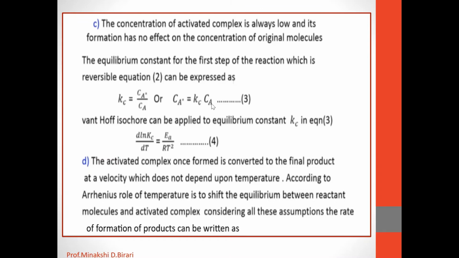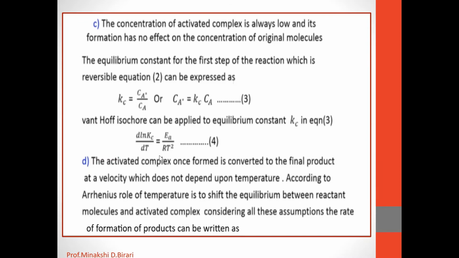Here A star is the activated complex and A is the normal reactant molecule. The van't Hoff isochore can be applied to the equilibrium constant Kc in equation 3. So by this we get d ln Kc divided by dT is equal to Ea upon RT square. We give this equation number 4.